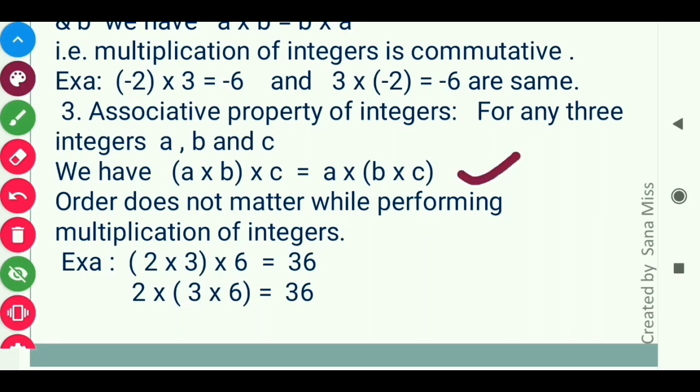As I multiply a, b and c, I can write a into b in one bracket into c, which is always equal to a multiplied by, first multiplying b and c, because the order does not matter while performing multiplication of integers. Here 2 threes are 6 in one bracket, again that 6 into 6 will give you 36. In the same way, when you change the grouping, you still get the same product.